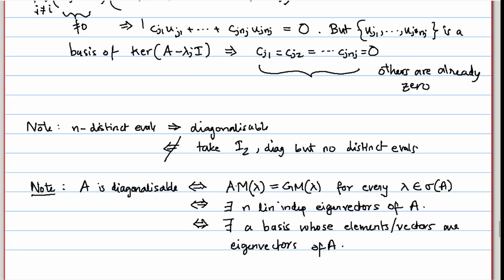If you have n linearly independent eigenvectors, that means you can have a basis of Rn or Cn, depending.